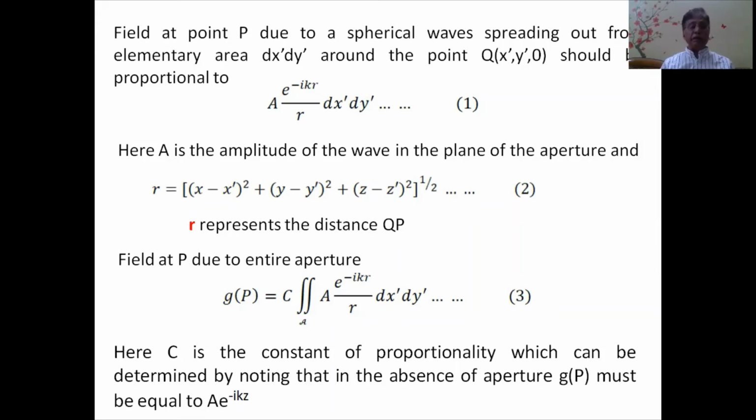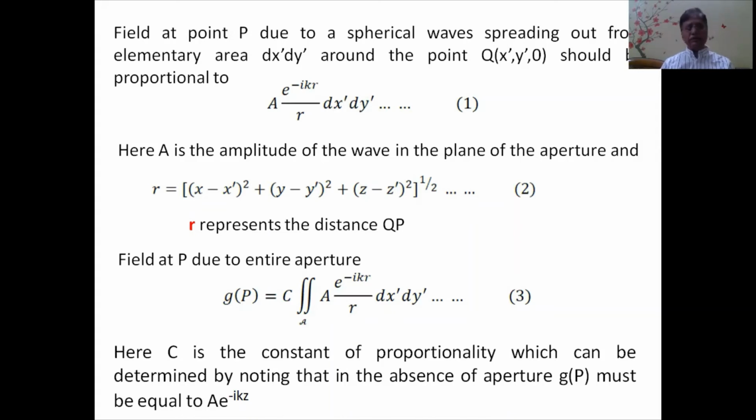So the field at P due to the entire aperture can be written as G at P is equal to C double integral over the aperture A, amplitude exponential minus i k r by r dx dash dy dash.